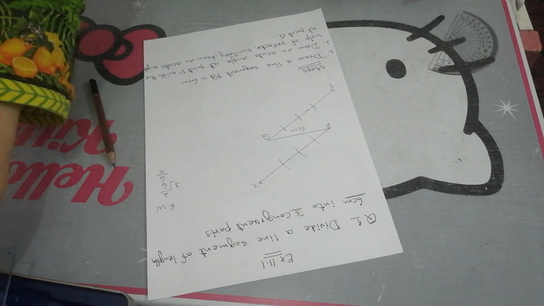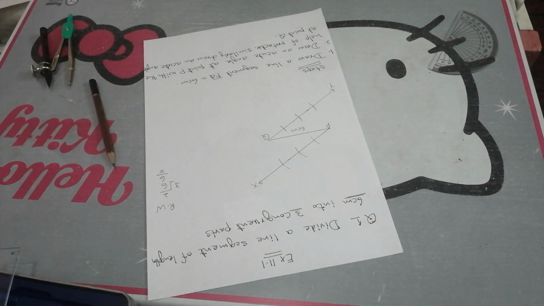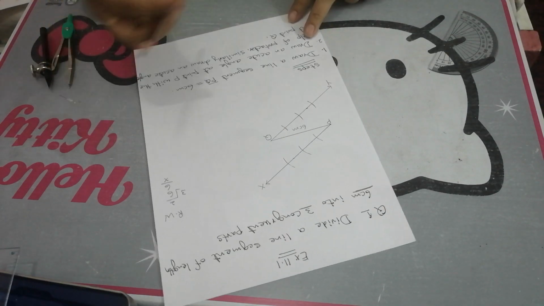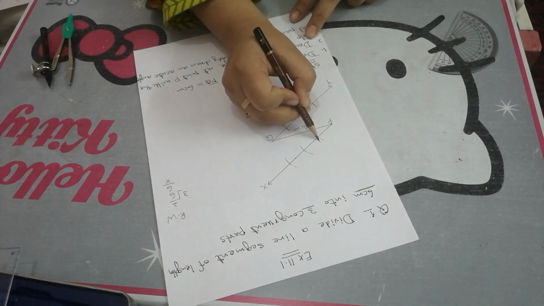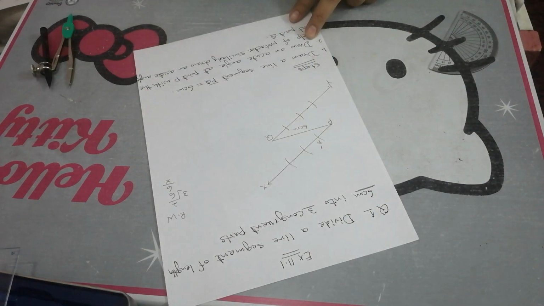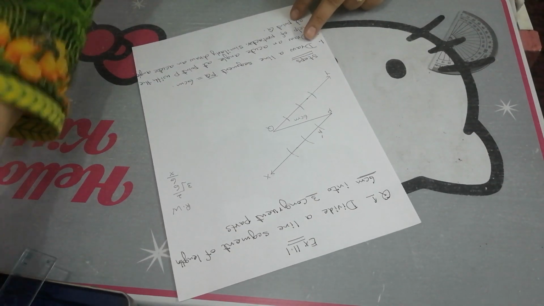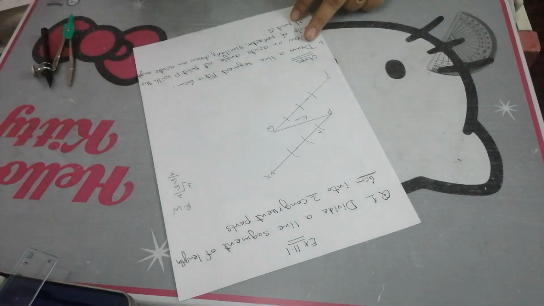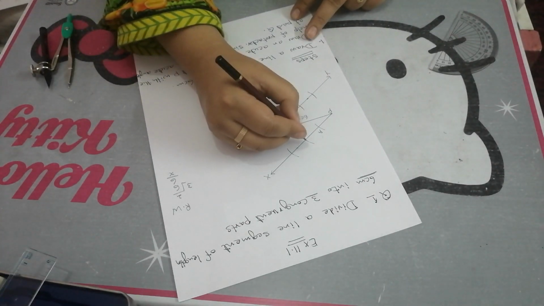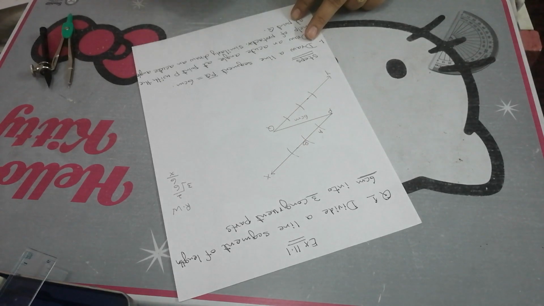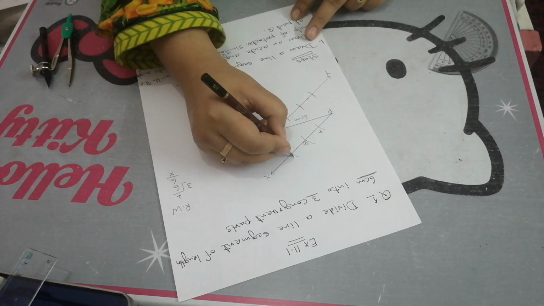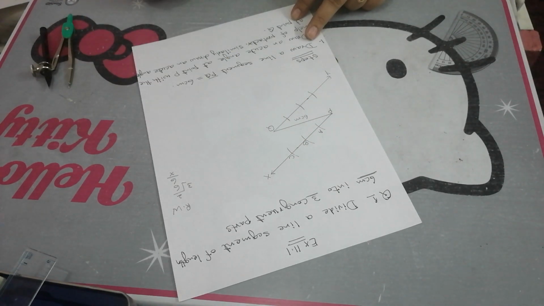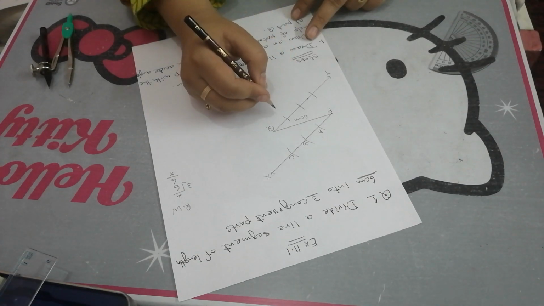So when you draw these points, you give them some names. For example, I'm going to give them the name A. This is A. This one is point B. This one is point C. Similarly, the same names we will repeat in the downward direction.